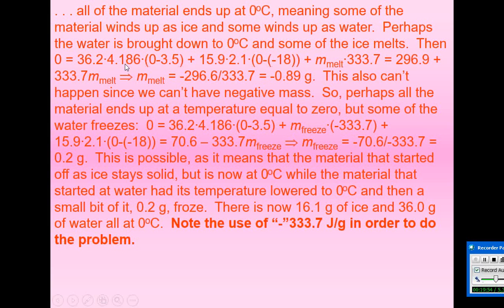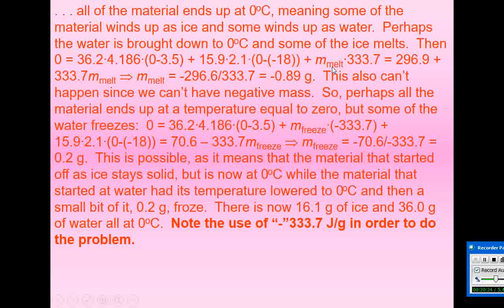It's changing temperature, so the specific heat in liquid form is 4.186. The final temperature is 0 and the initial temperature is 3.5. If we have the ice brought up to 0 degrees Celsius, its heat is 15.9 grams of ice times 2.1 for the specific heat. It's brought up to 0 degrees, so delta T is 0 minus negative 18.